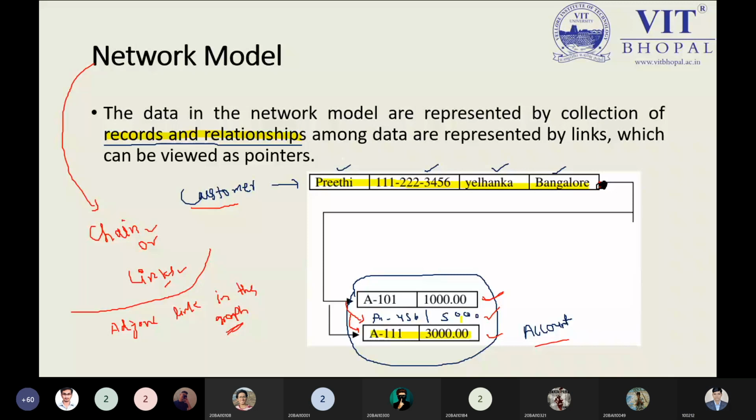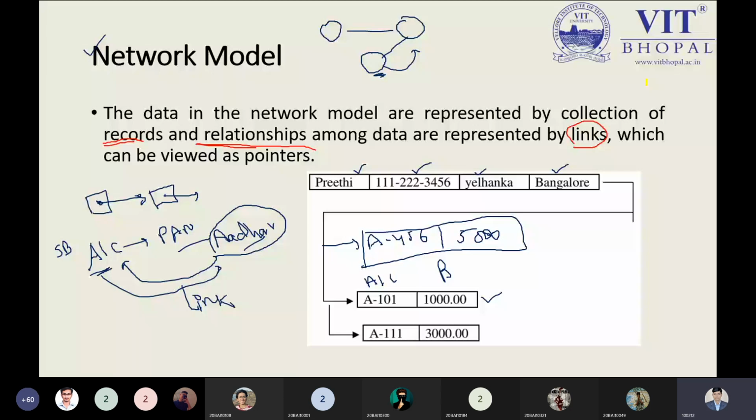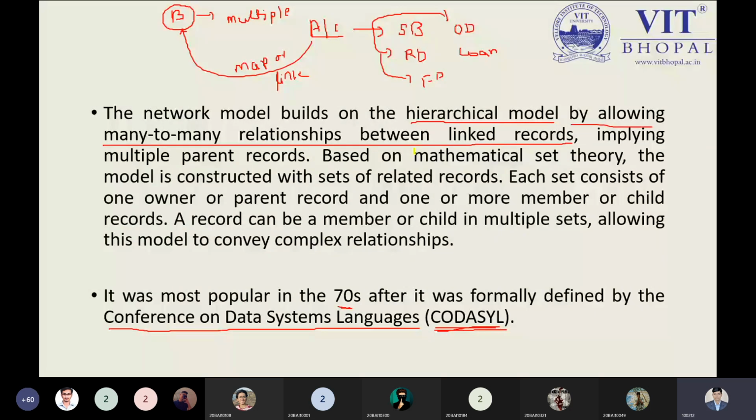The network model builds on the hierarchical model by allowing many-to-many relationships between the linked records.